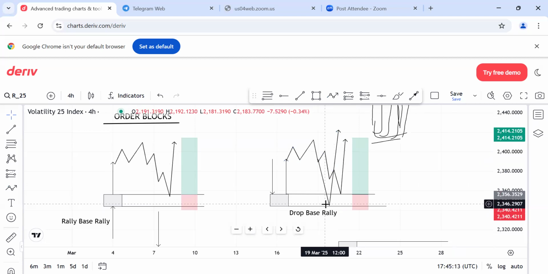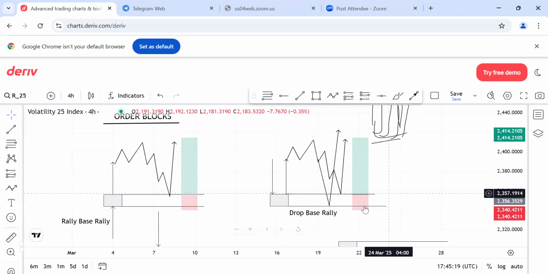So the same thing we have to do right now is to go to a lower time frame. Let's say we spotted this order block pattern on the 1 hour time frame. What you have to do is go to the next two standard lower time frames to look out for a reversal pattern formation, a bullish reversal basically. Let's say the 5 minutes time frame, to look out for an inverted head and shoulders inside of this base area, or a double bottom formation, which is a bullish reversal pattern.